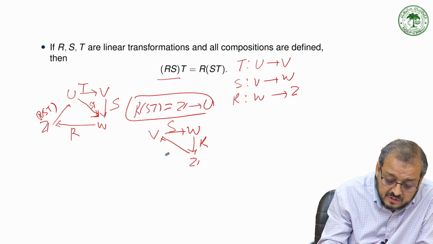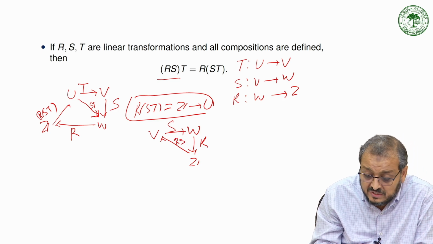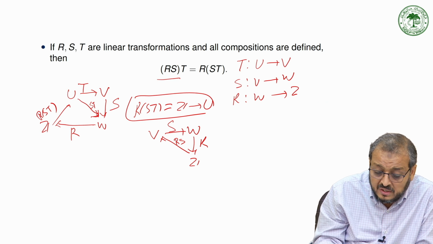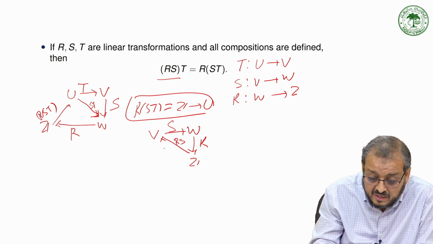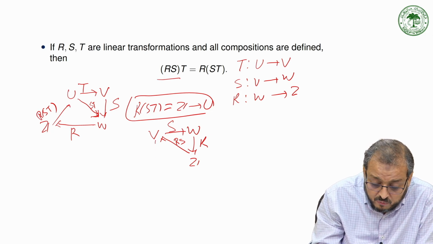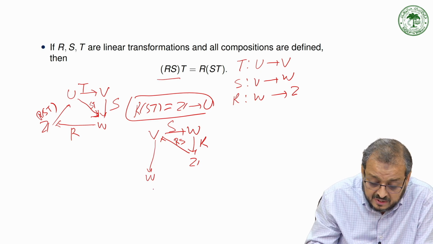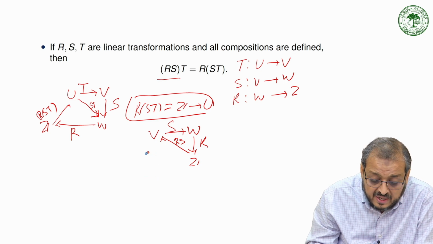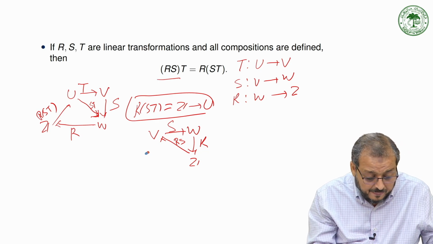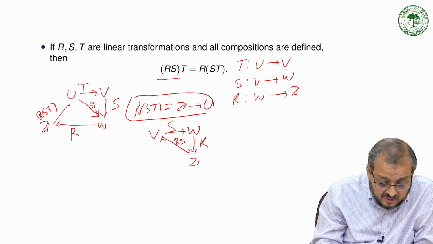So we say that this is the map R of S. Now this RS is a map from V to Z.